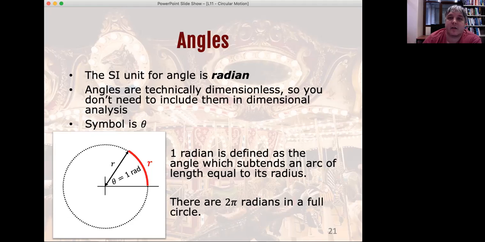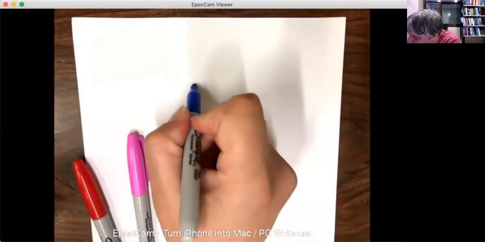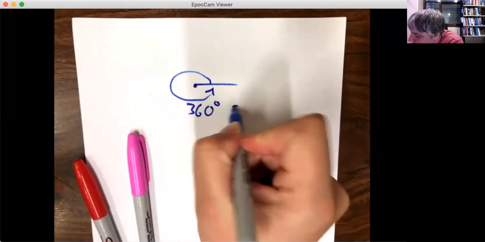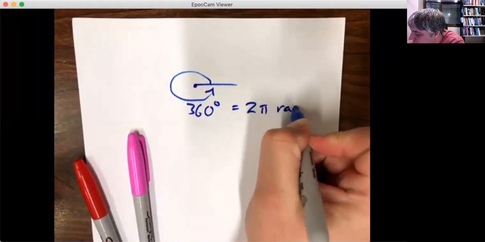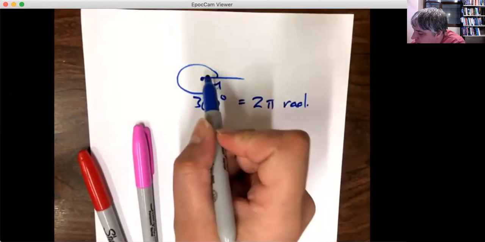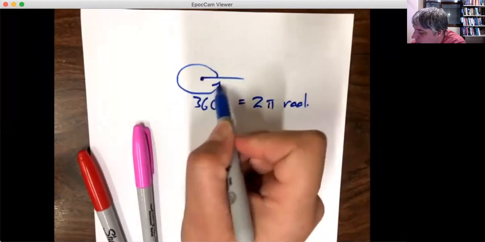I'll just jump over and write it quickly on my document camera. But essentially, if you have to do 360 degrees, and that's equal to 2 pi radians, then hopefully you can realize that to change any angle, you're just going to figure out how much of a full rotation it is.